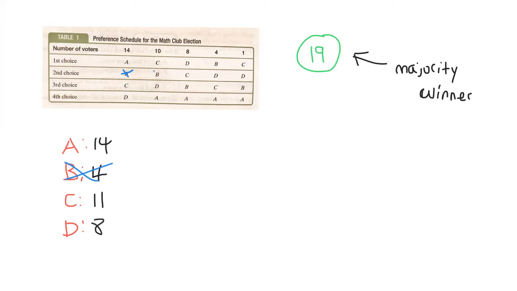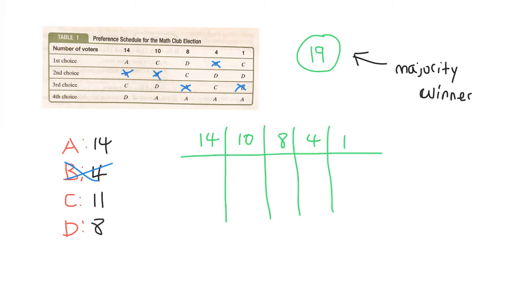All right, so B is gone here, B is gone here, B is gone here, B is gone here, B is gone here. And then you analyze the next round only without B. Now, it's a good idea to rewrite the preference schedule with the same numbers across the top first and kind of rewrite it only without B.